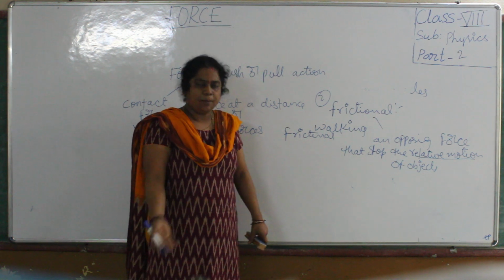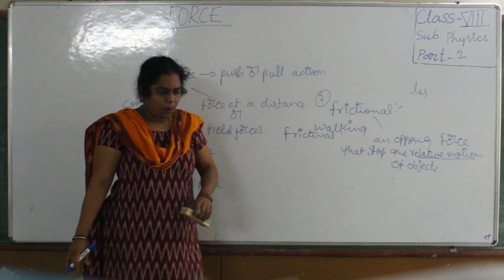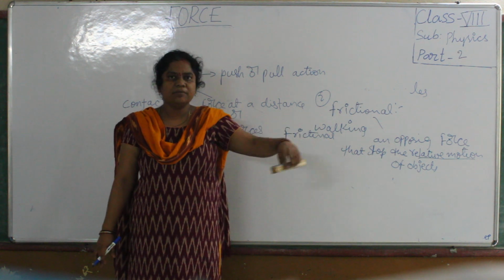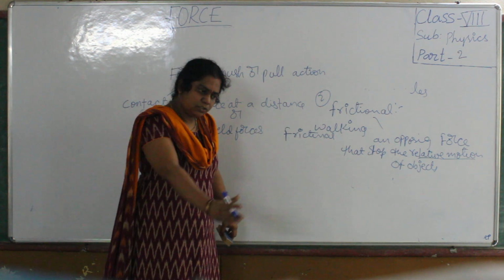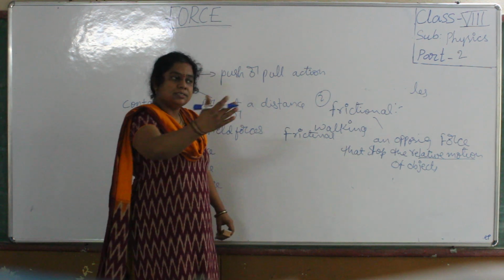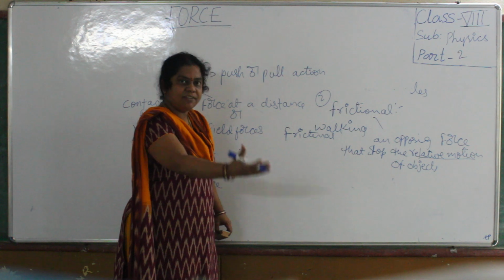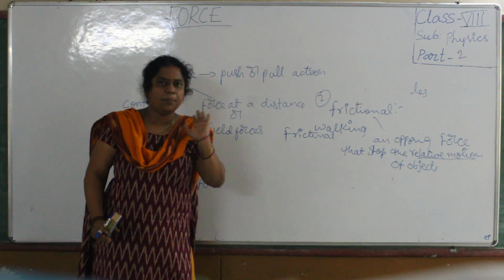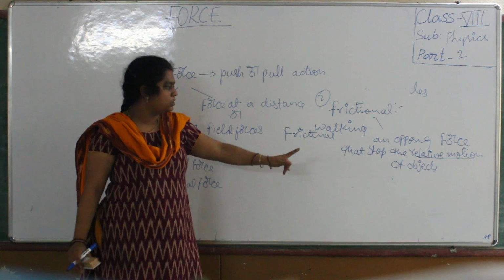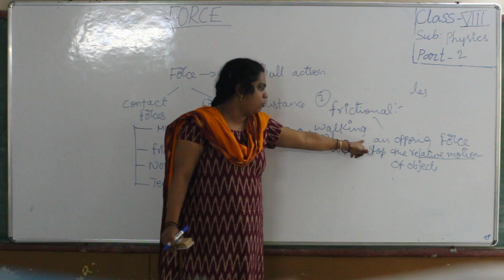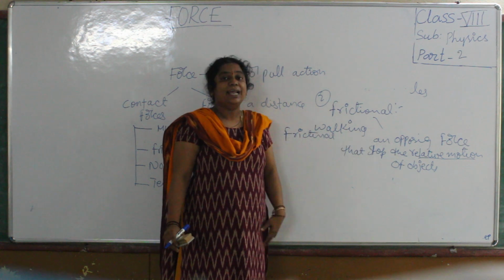Suppose you kicked a ball on the ground. The ball will travel for some time. Will it travel for an hour or two hours? No. After traveling some distance, the ball will stop. What is happening? The ground is offering friction there. That means the ground is trying to stop the ball. Why? I told you, friction means an opposing force that stops the relative motion.